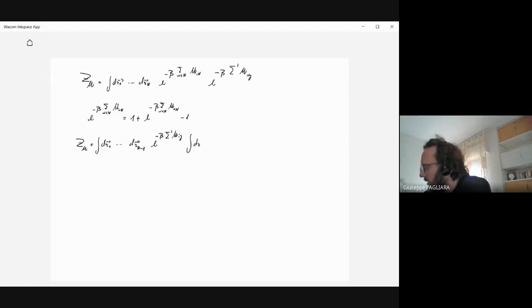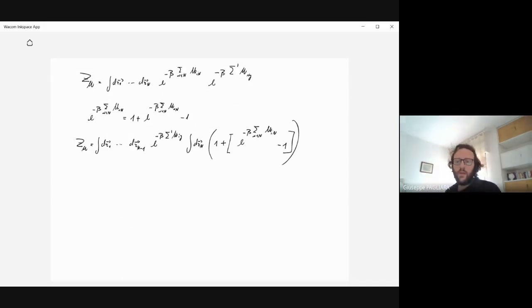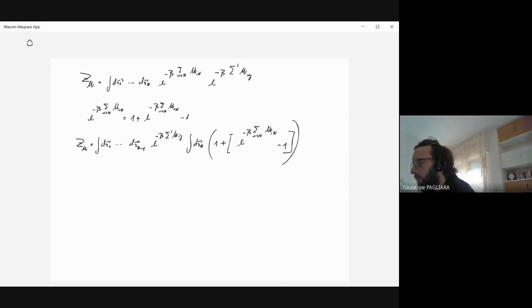So here I just add the dR_n, and then we introduce this 1 plus e to the minus beta sum i less than n of u_in minus 1.